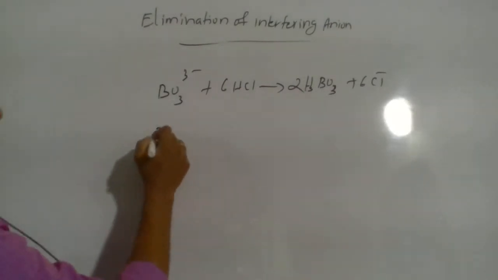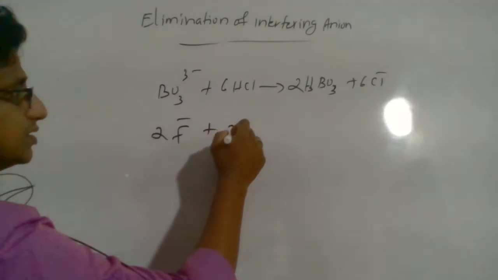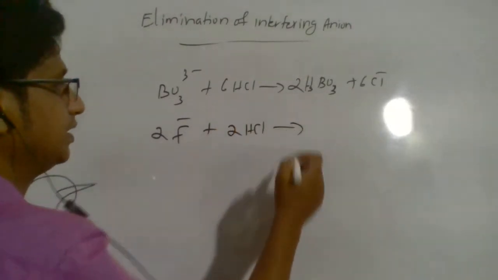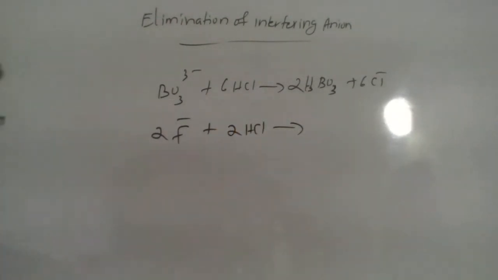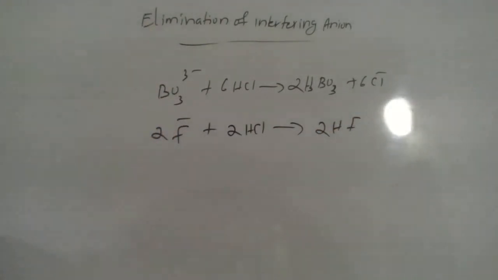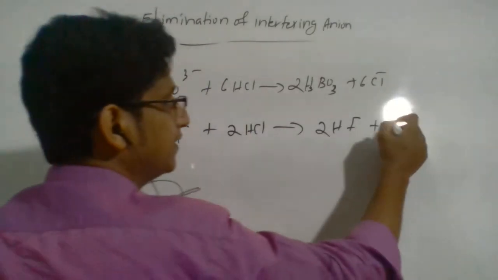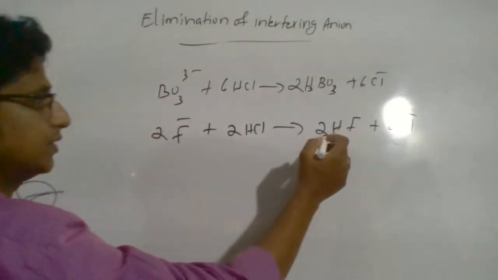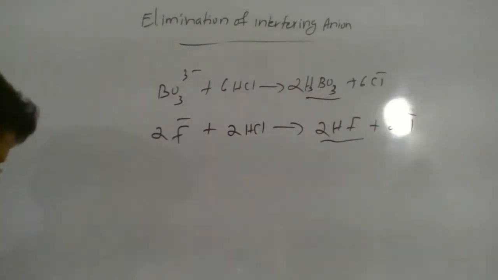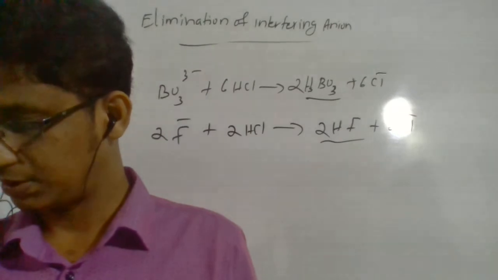Similarly, fluoride. Again, the method is the same. You add concentrated HCl in a china dish, and the fluoride will convert into HF. So HF will be formed, and remember, in both cases, HF and H3BO3 are easily escapable gases, so they will be eliminated easily.